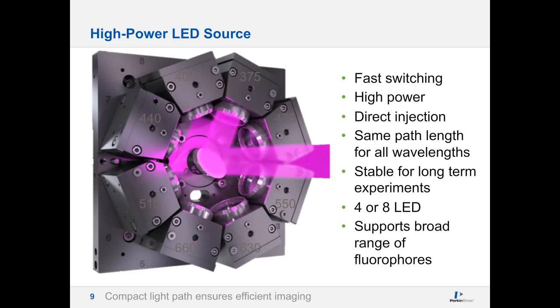This allows us to provide light with direct injection without any fibers to the sample and switch those between different light wavelengths quickly without slowing down the process. It also means that we have the very same path length for all wavelengths, and it makes it a very stable illumination source. You can choose from a 4 LED set or an LED set depending on the number of fluorophores and the type of fluorophores you want to use. So this light source is internal to the instrument and supports a broad range of fluorophores.